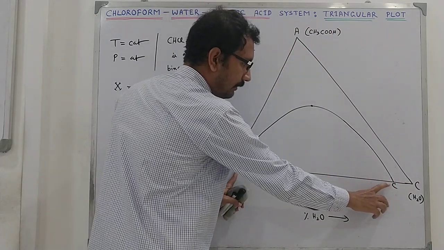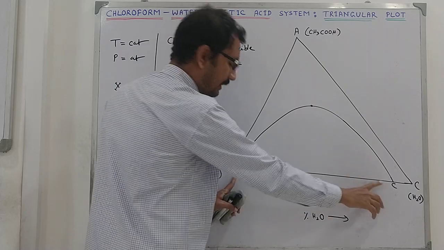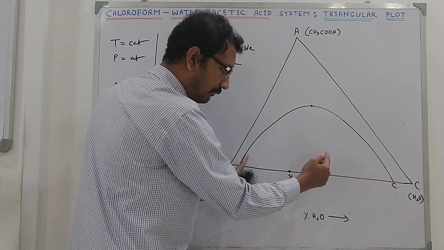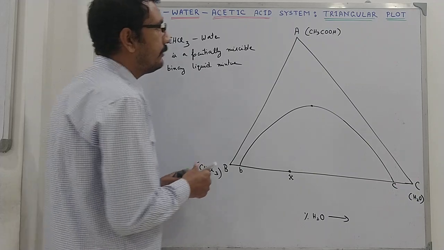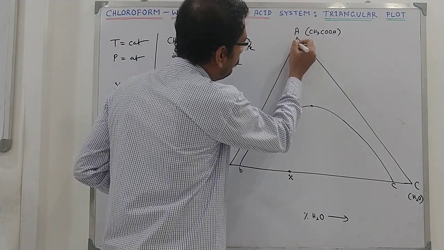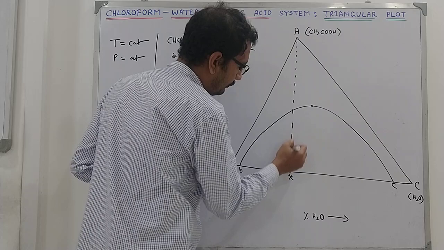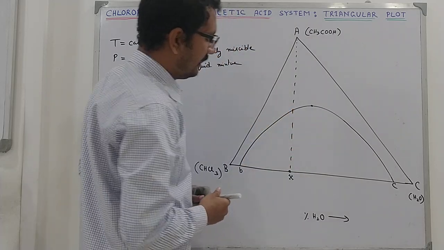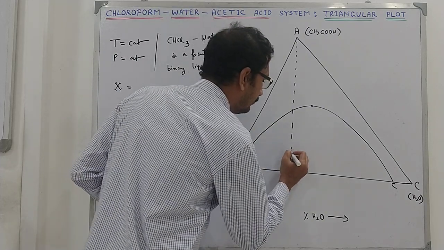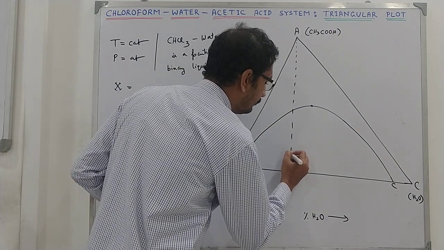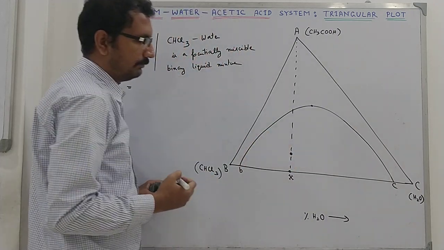So the two terminus B and C will come closer when we add A, and this will be guided through this line. This will be a straight line. So when we add A, we come here.